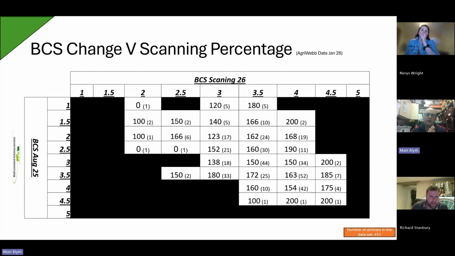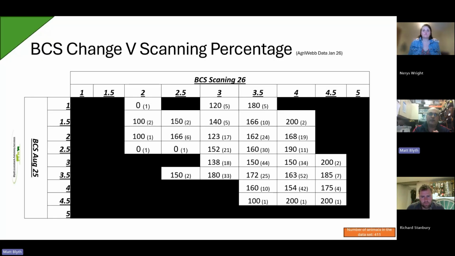So we can see the body condition score in August. We've only got a snapshot because we didn't body condition score the whole flock in August. On the top line, we can see the body condition scores when Nerys and Richard re-scored them at scanning, and we can see how the scanning percentages have shifted. We can see roughly how many animals are in each bracket.